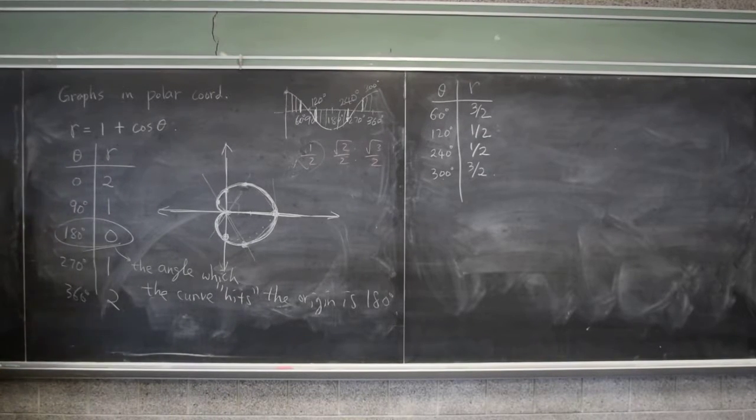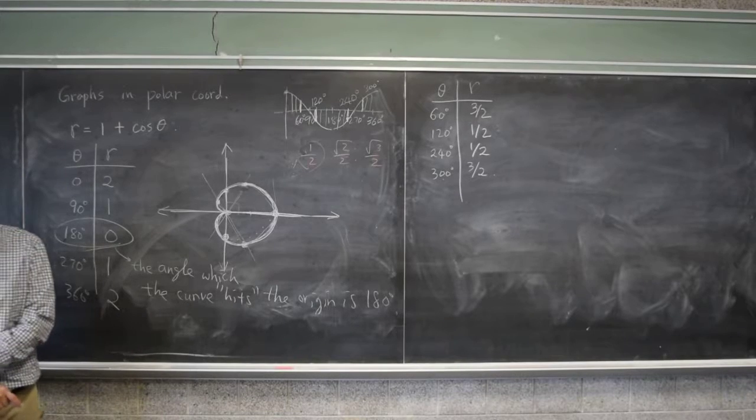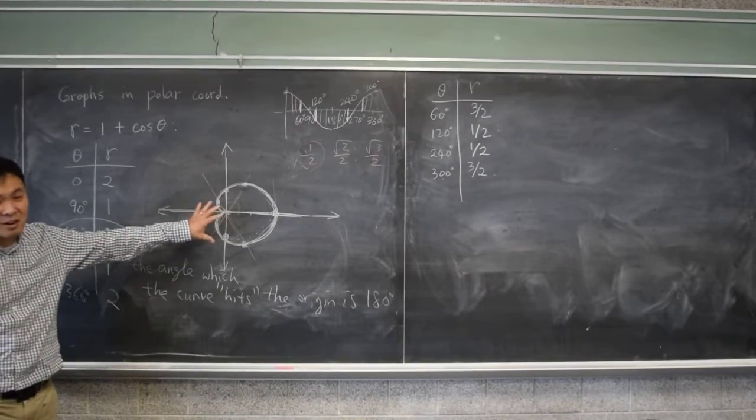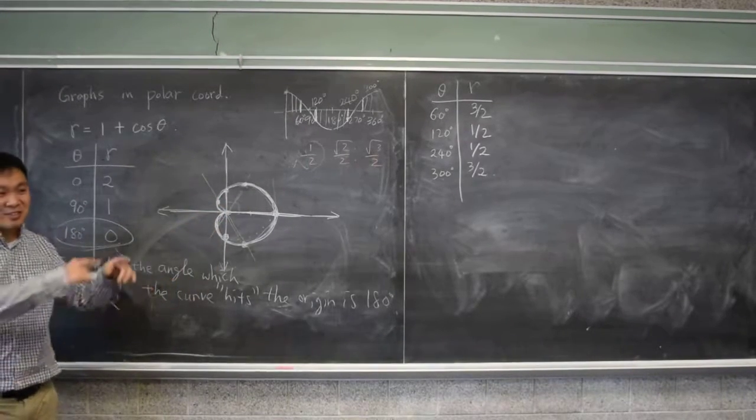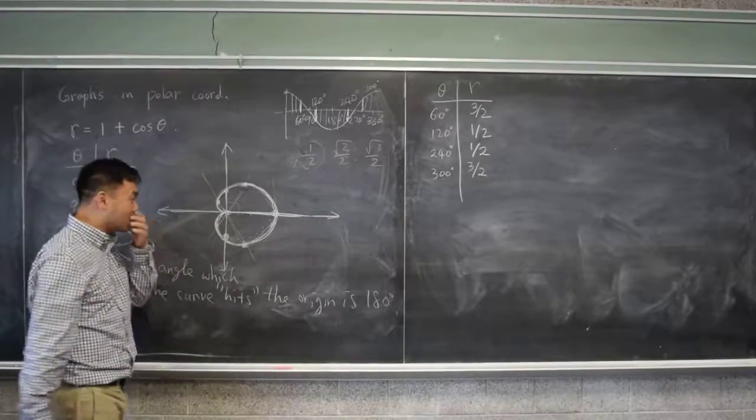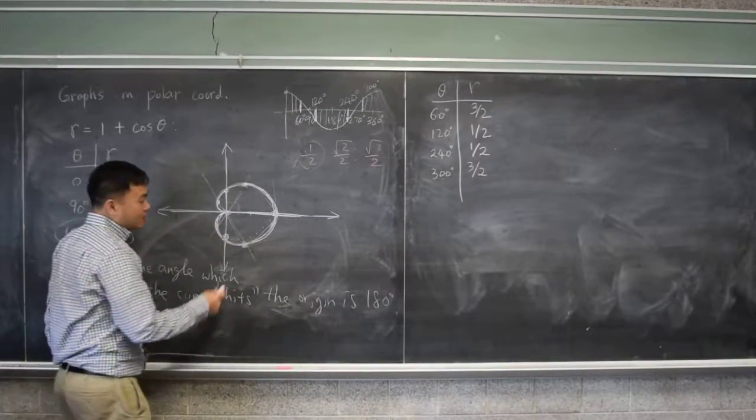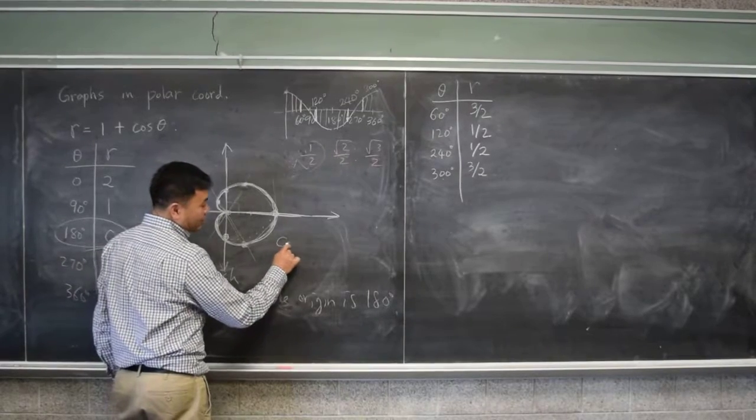And this graph has a name. It looks like what? It's sort of like a heart sideways, right? It's like a heart sideways. So the name for this curve is cardioid.